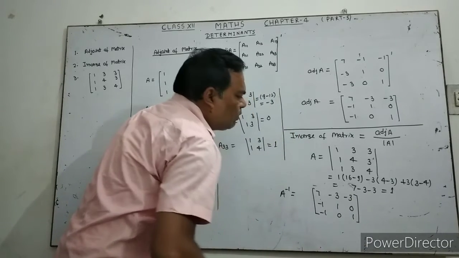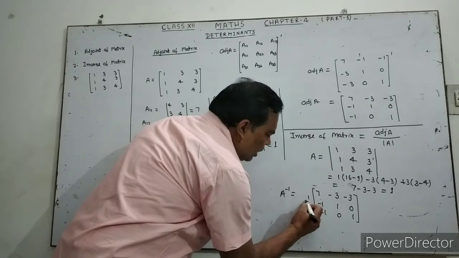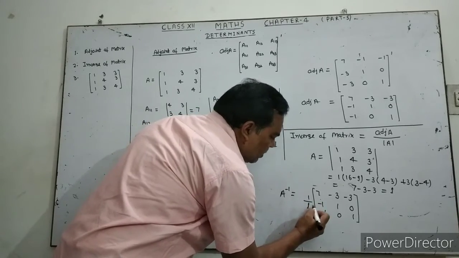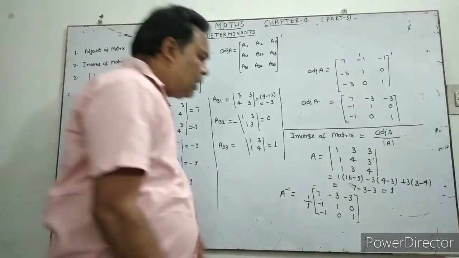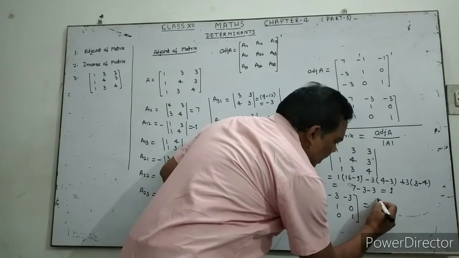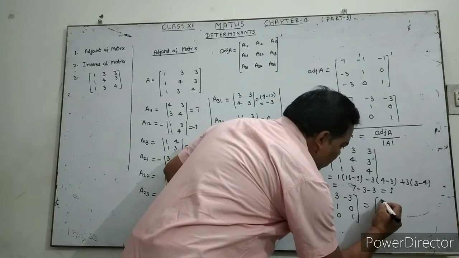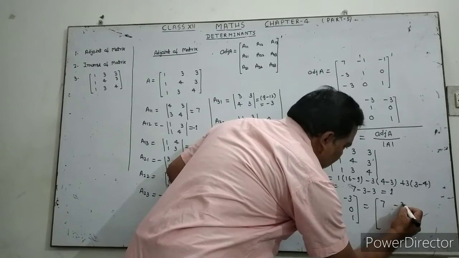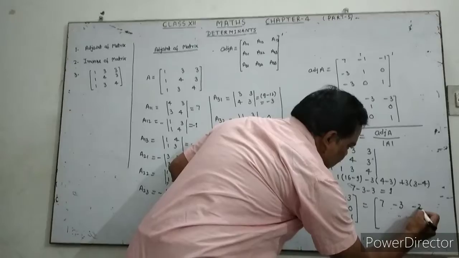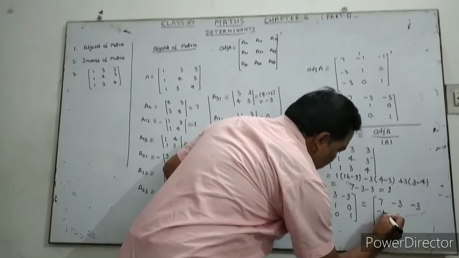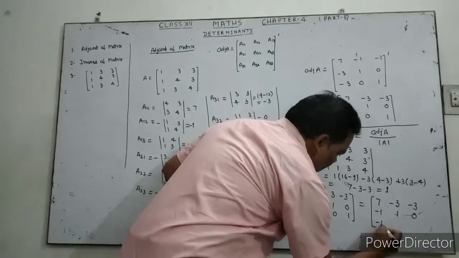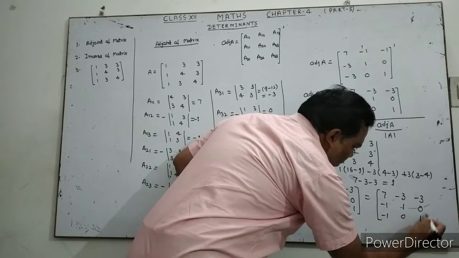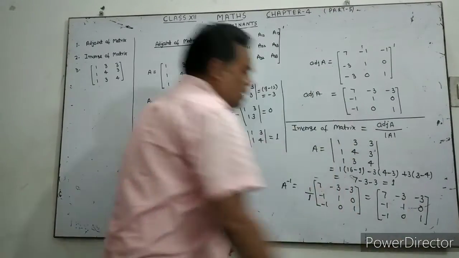And what is the value of determinant A? 1. Divide by 1, this is the same value. Then A inverse equal to 7, minus 3, minus 3, minus 1, 1, 0, minus 1, 0, 1. This is the answer.